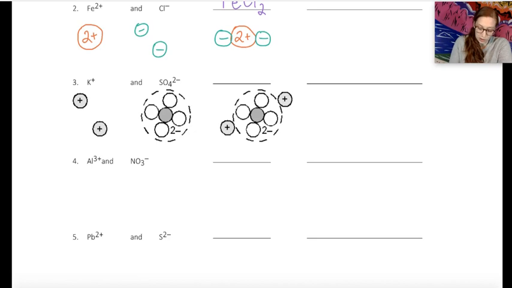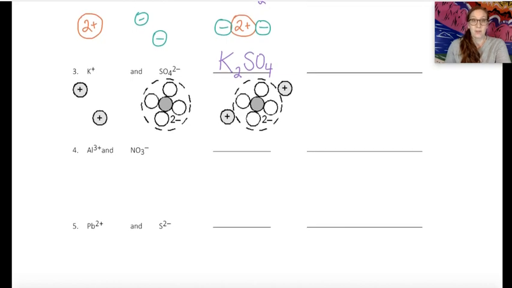So to write that formula, potassium has 2 ions, so we put the 2 after that. And then the SO4, there's only 1, so that follows directly. If you only have 1 polyatomic ion, you just write it as is. We'll see in our last example, number 4, that if we have more than 1 of a polyatomic ion, we need to do something a little different when we write the formula.